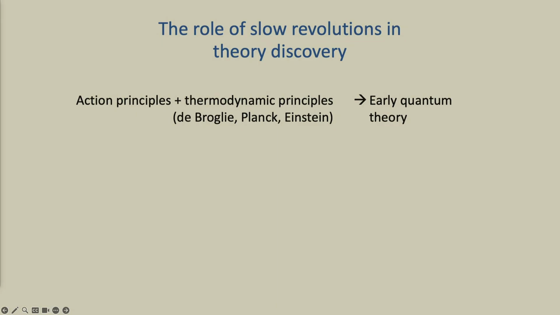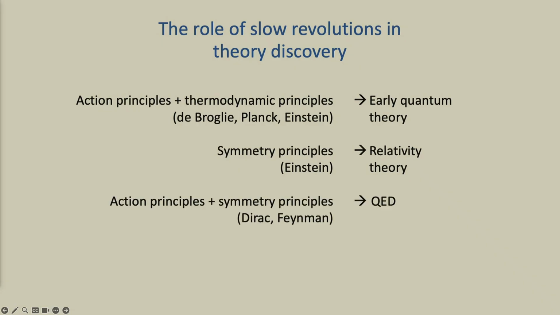And of course, thermodynamic principles applied in Planck and Einstein's work. Symmetry principles were obviously used by Einstein to develop relativity theory. And there's a nice quote by Enrico Fermi that says that prior to Einstein, symmetries were something that you deduced from your physical theories, and post-Einstein, symmetries are what you build into your physical theories at the beginning, right? And that's a big change in how we've been constructing theories.